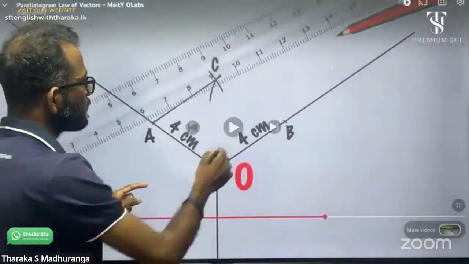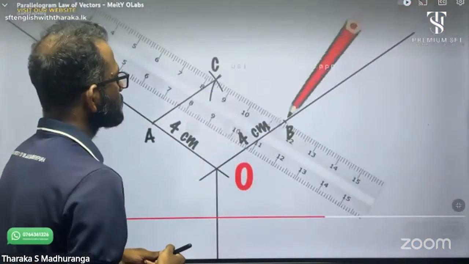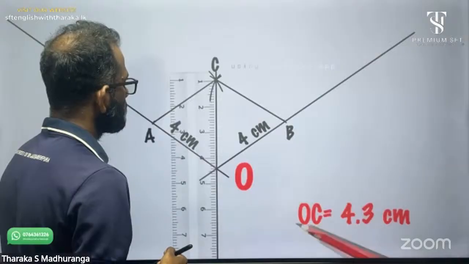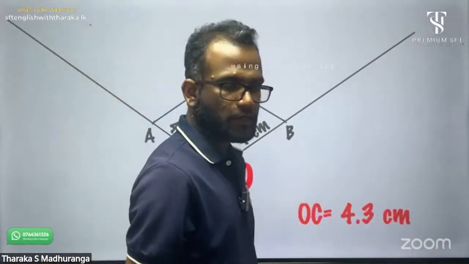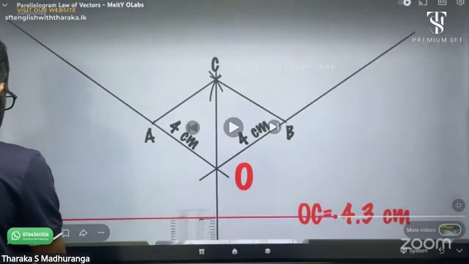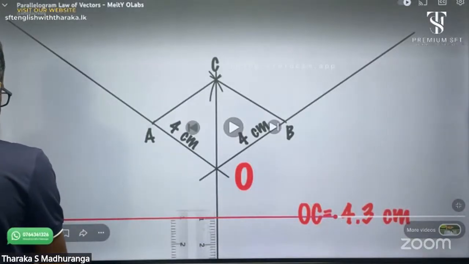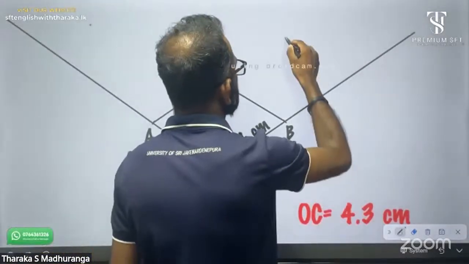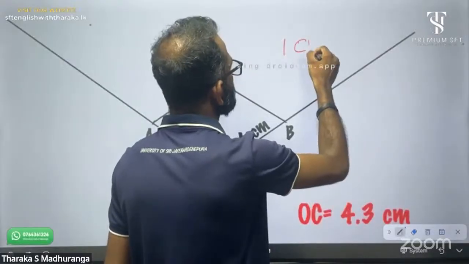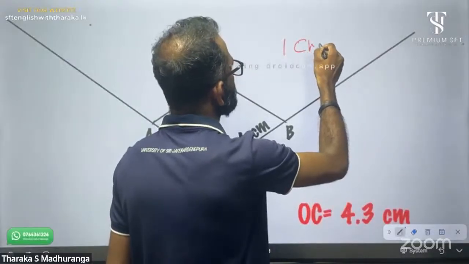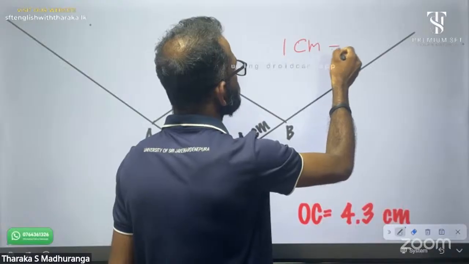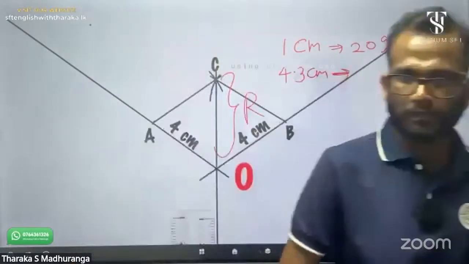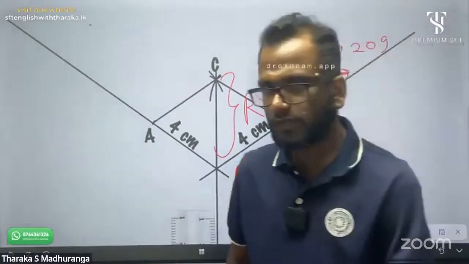The diagonal length was 4.3 centimeters, right? Since 1 centimeter is 20 gram, 4.3 centimeter means you can find the resultant force R, right? R. Okay.